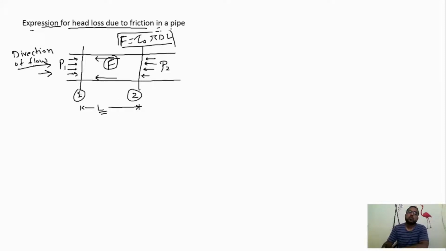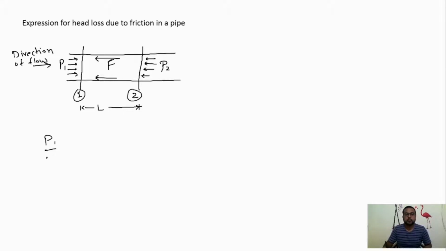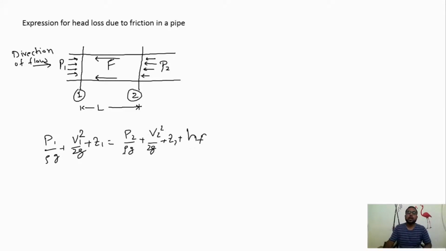Whenever flow takes place in a pipe, there is some loss of head. So let's write the Bernoulli equation for this section. P1 upon rho g plus V1 square upon 2g plus Z1 is equal to P2 upon rho g plus V2 square upon 2g plus Z2 plus some losses due to friction.